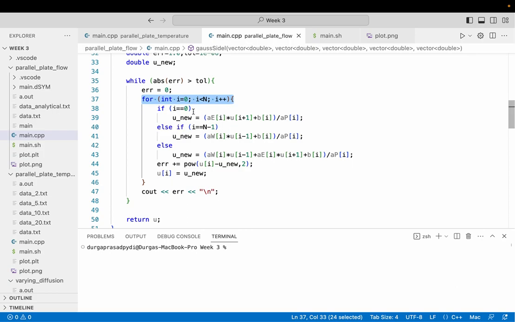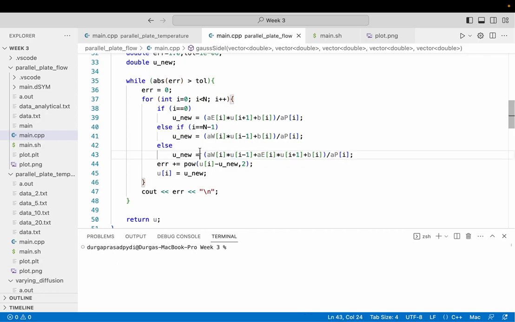For the first cell centroid, you don't have a west cell, so the equation is a_e times u[i+1], which is the value of u at the next centroid, plus the b[i] term, divided by ap[i]. Similarly for the last cell, it will be towards the west, and you won't have an east term. For all the interior cells you will have a west term u[i-1] and then an east term u[i+1], and your b[i] term, and then you divide it by ap[i].